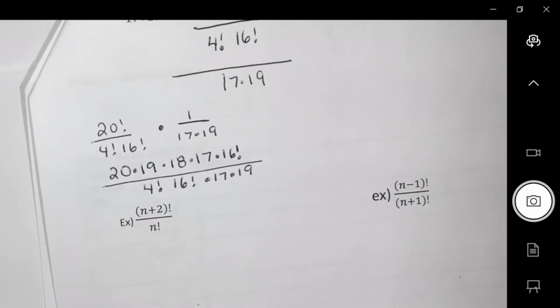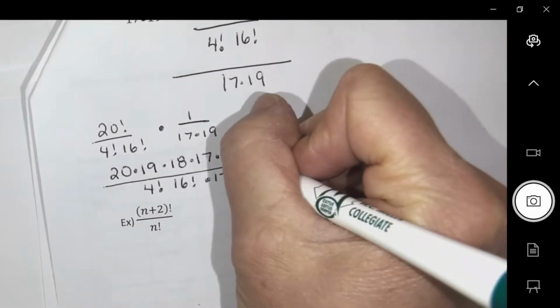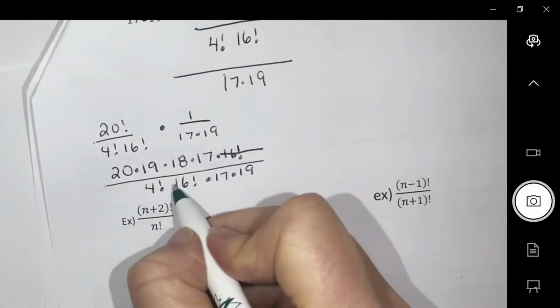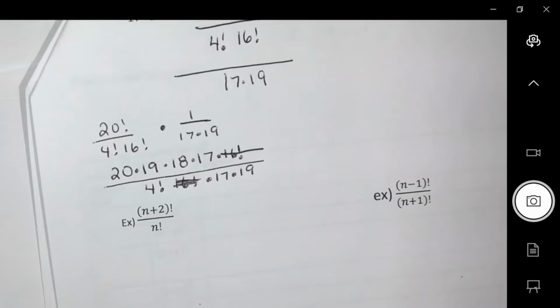Okay, so why did I stop at 16 factorial? Because all of that, the 16, 15, 14, all of that would cancel with all of that.